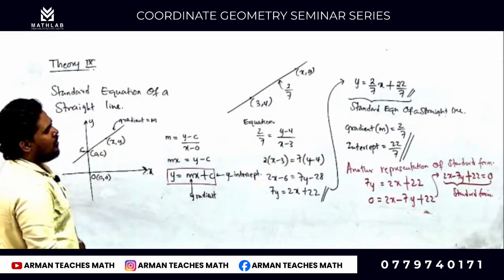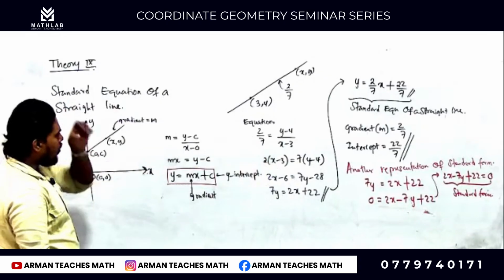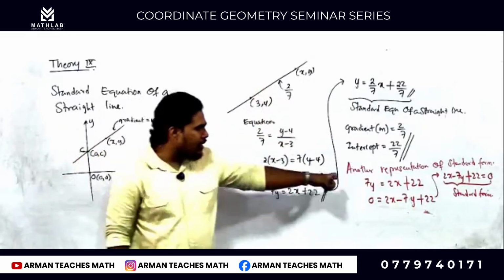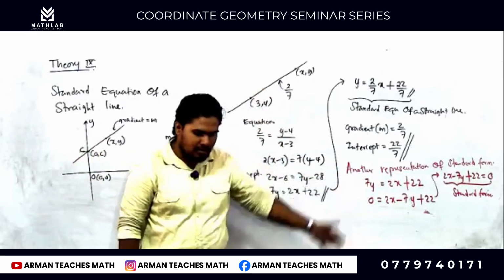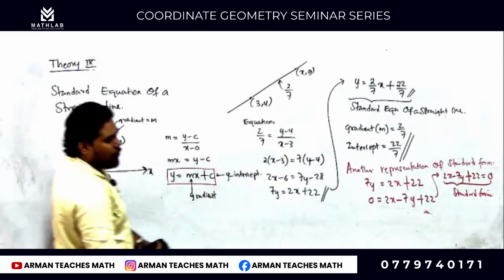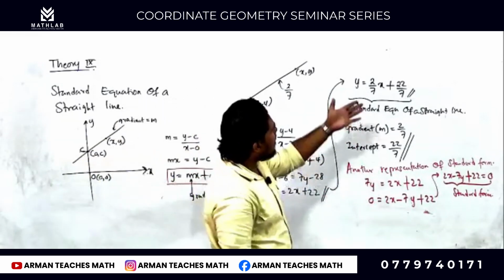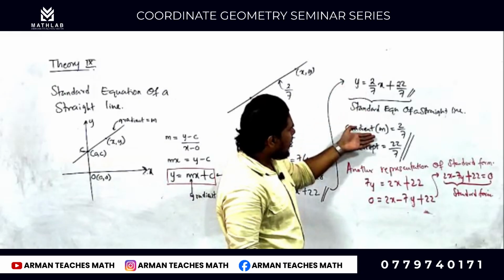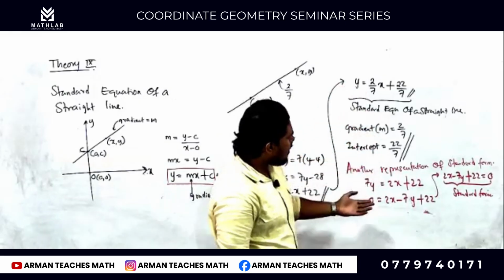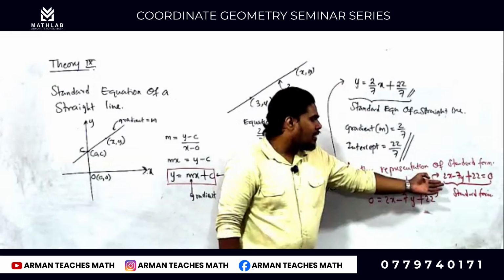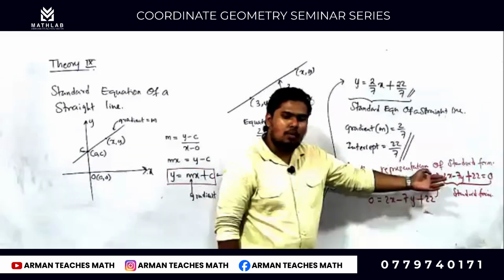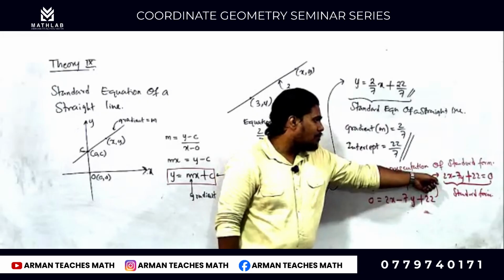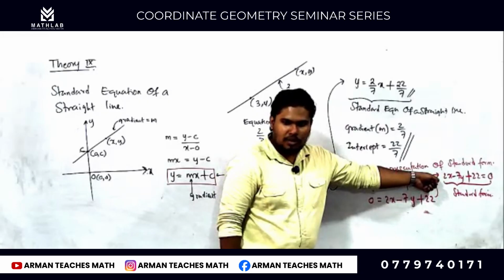Right, so the standard form of the equation, below that this one, and another representation, write like this. But when we write the equation of a straight line in this form, we cannot directly get the gradient and the intercept. If you want to get the gradient and the intercept, again we have to make y the subject and make its coefficient +1.